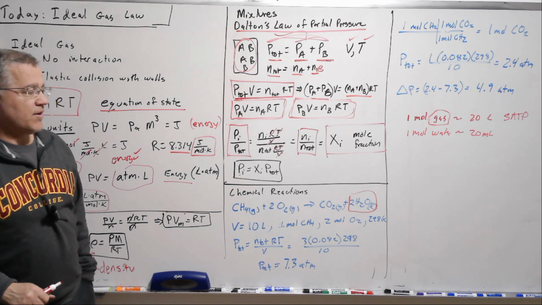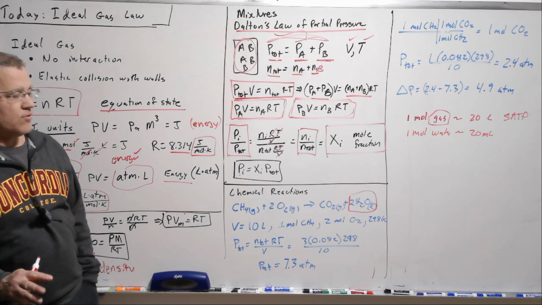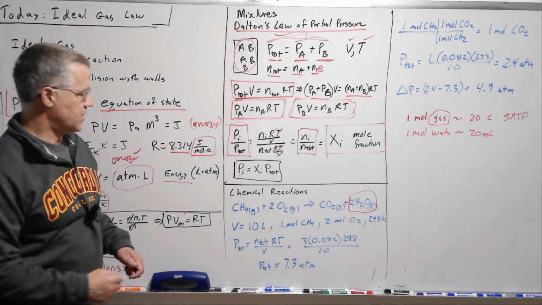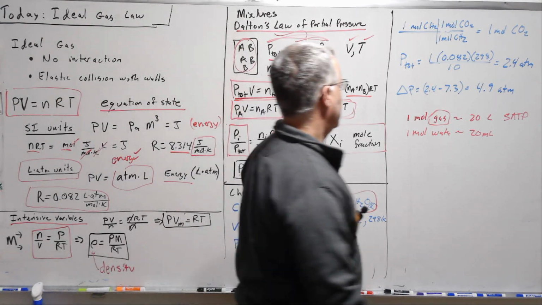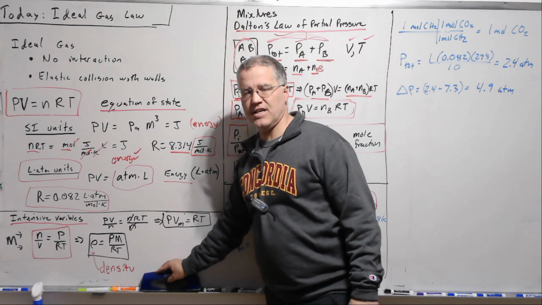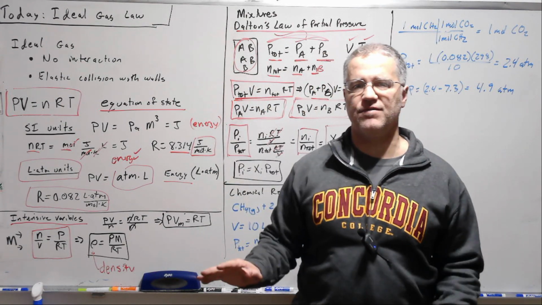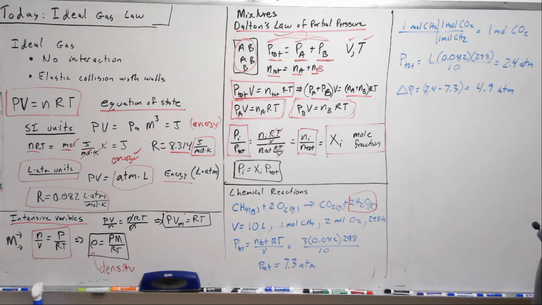So 1 mole of water vapor will take up about 20 liters. 1 mole of liquid water will take up about 20 milliliters. So in terms of the size of this container, the amount of water that's sitting on the bottom is not going to change the volume available to the gas in any appreciable way.